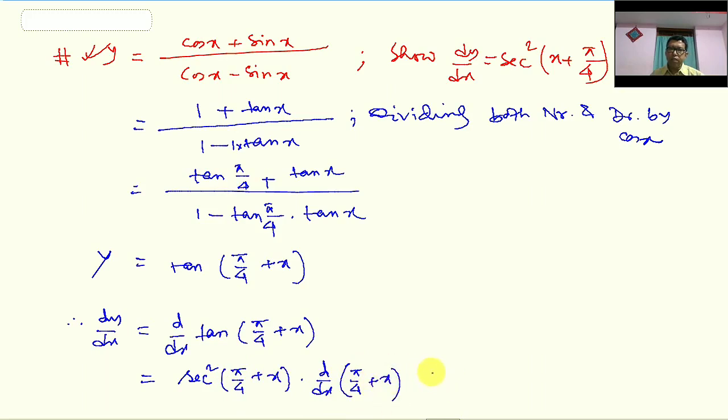We are using the chain rule. The derivative of pi upon 4 is 0 and the derivative of x is 1, so the remaining part is only sec square of pi upon 4 plus x. Is it your right side? Yes, sec square of x plus pi upon 4. So the proof. Okay, next another problem I want to show.